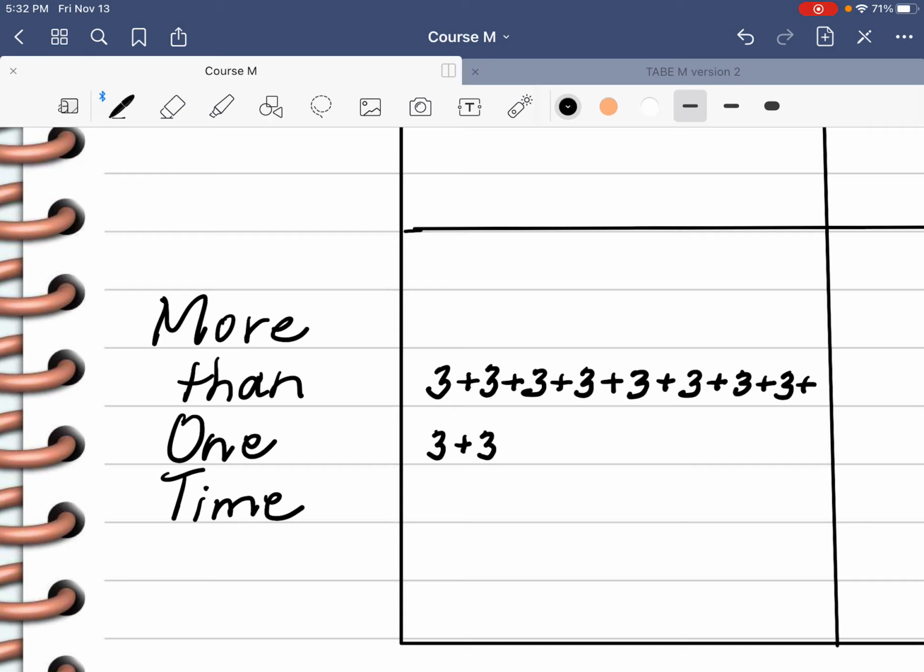So I am doing this more than one time. This is repeated addition, and we don't call it repeated addition. We're going to call it multiplication. So if you are building up more than once, you want to use multiplication.